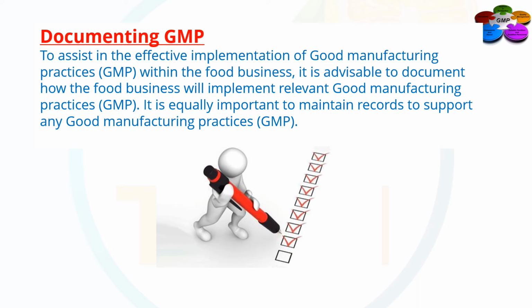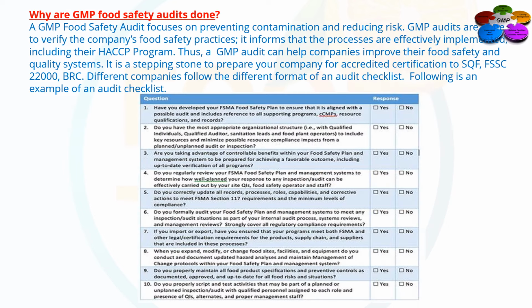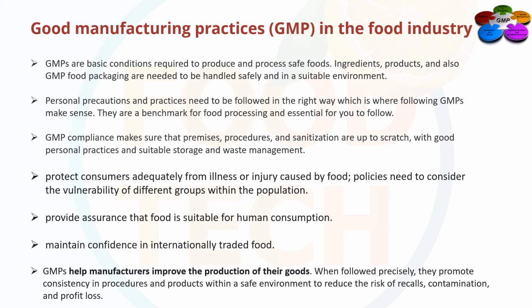These are all the documents which are required. This is why food safety audits are done. You can go through this checklist I have given, to see what is there in the GMP. In the food industry, as I have mentioned many times, GMP is a basic condition.